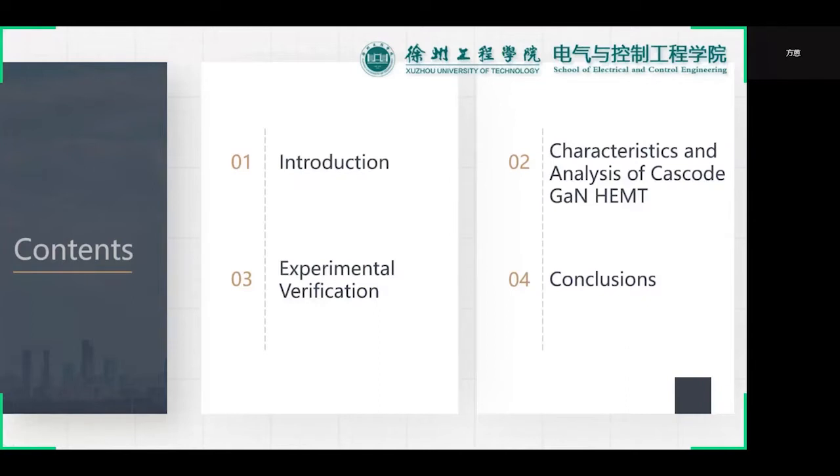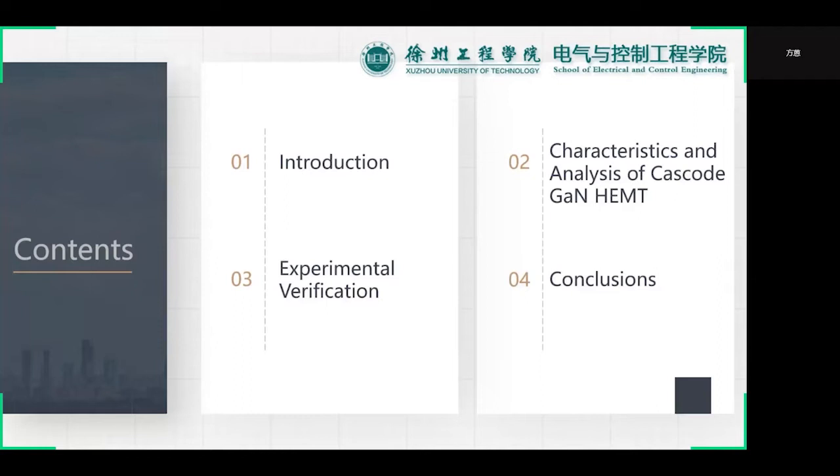My paper is named Characteristics and Application of Cascode Gallium Nitride HEMT, and it consists of 4 parts. First of all is introduction. In this part, I will explain the reason for why I do this research and what we can do for the industrial area.